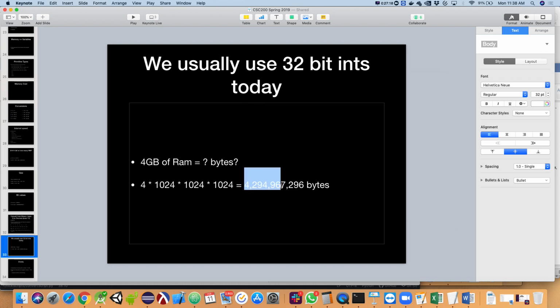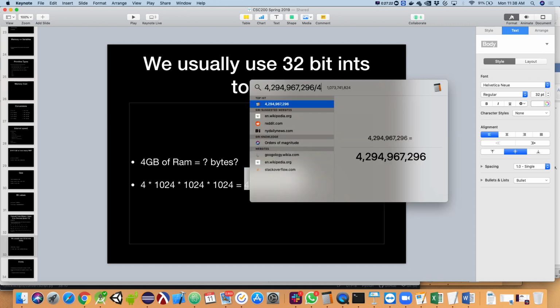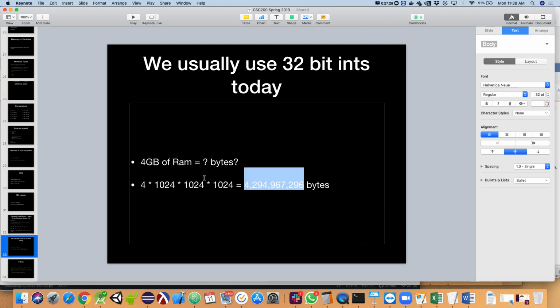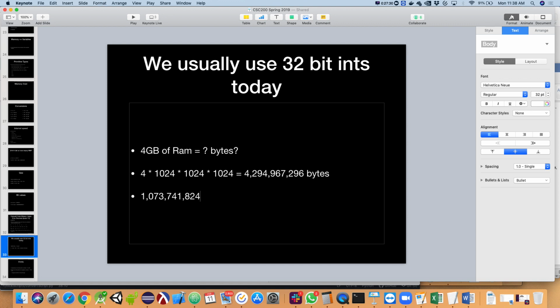So that means we can store this number divided by 4 unique integers in our budget 4 gigs of RAM. So a billion, we can store a billion integers.